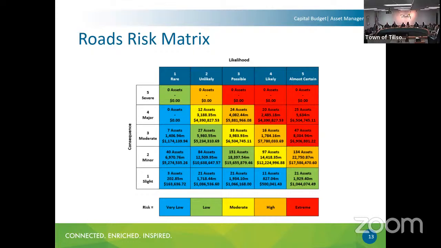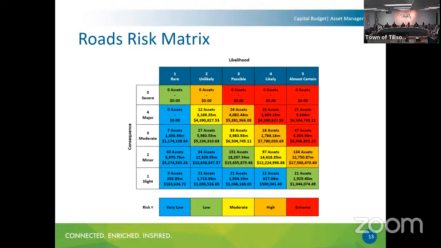Thank you, Madam Mayor. To continue on, this is what's called a risk matrix, where in asset management, we look at the likelihood of an asset failing and the consequence of that asset failing. So different asset classes would have a different risk profile.